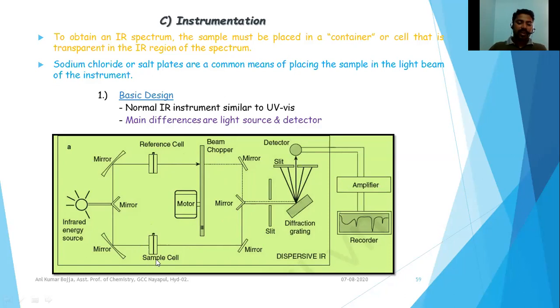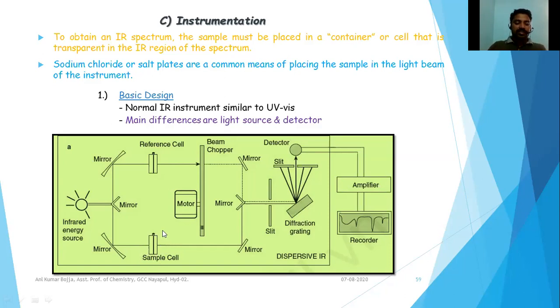This is the important portion of the instrument where the sample molecules interact with the infrared radiation, so that they undergo vibrational transitions, and the vibrational transitions taking place in the molecule are characteristic to each and every functional group present in the molecule, even the molecular parts also.